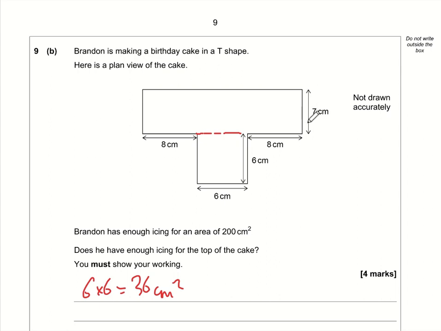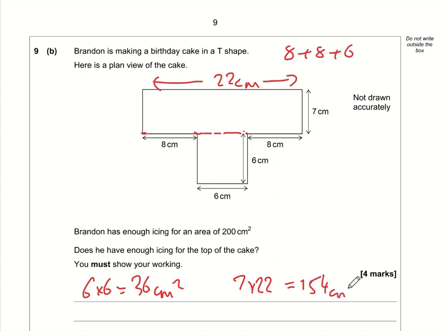And here this is a rectangle, which is 7 by, we don't know this top dimension, but we know it's 8 from here to here, and 6 from here to here, and 8 from this point to this point. So 8 plus 8 plus 6, this is 22 centimetres. So we've also got 7 times 22, and 7 multiplied by 22 is 154 square centimetres.